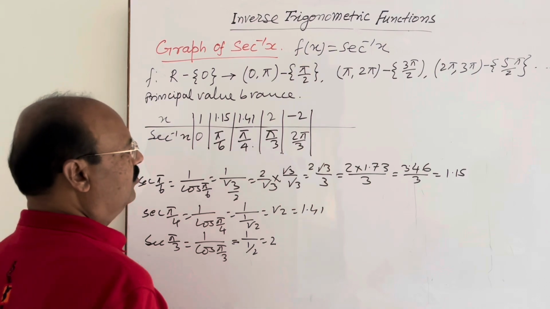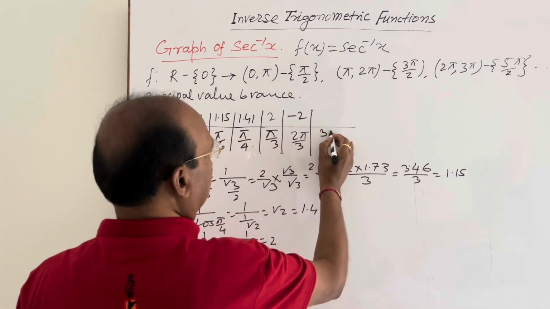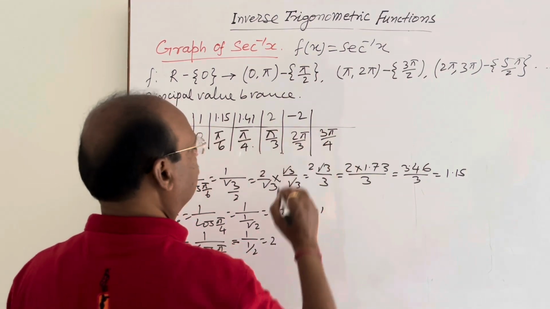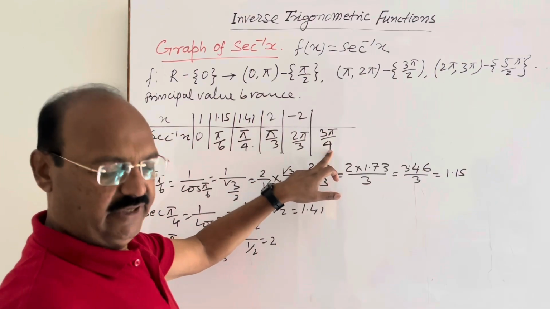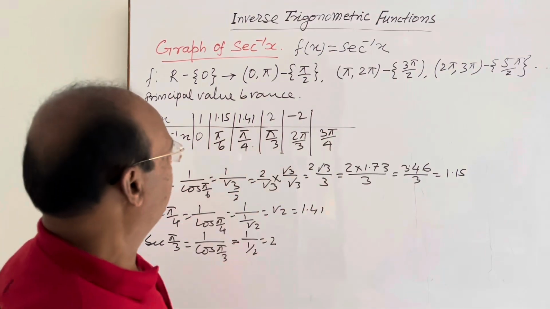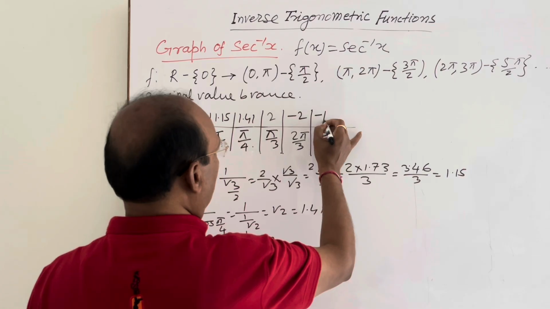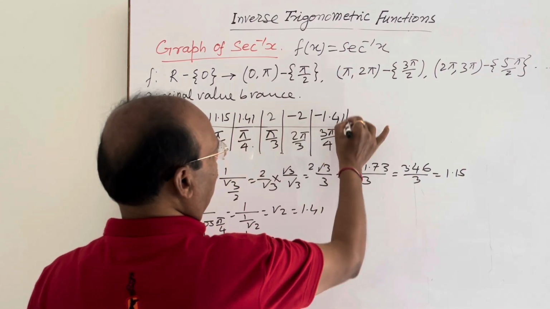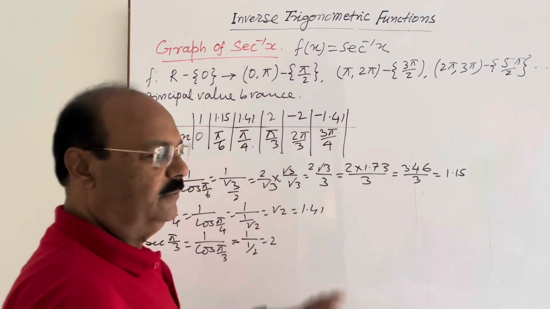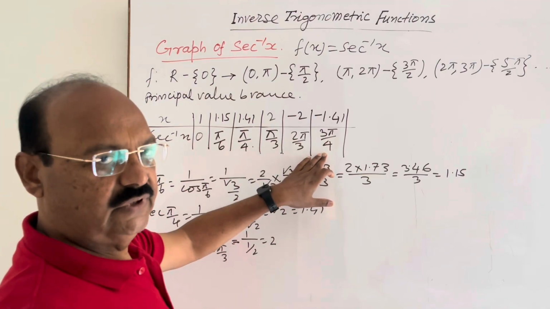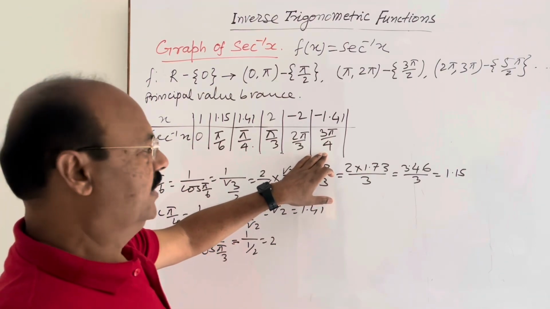The next angle we will take is 3 pi by 4. This is 135 degree. Okay. So this will be equal to minus 1.41 because this angle is also lying in the second quadrant. Clear? In the second quadrant sec is negative.